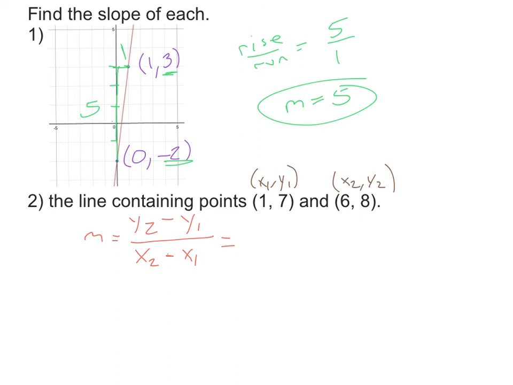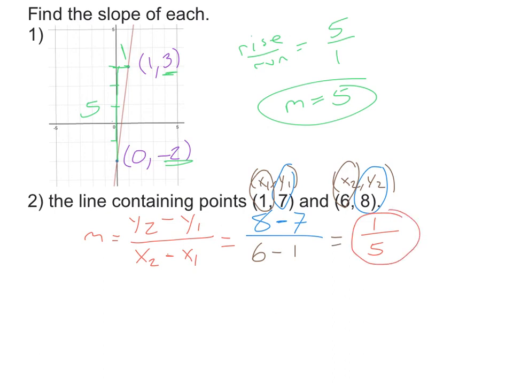So y2 is 8 minus y1, that's 7. Over x2, x2 is 6, minus x1 is 1. And we just do the evaluation. 8 minus 7 is 1. 6 minus 1 is 5. And so our slope is 1/5. And we are done.